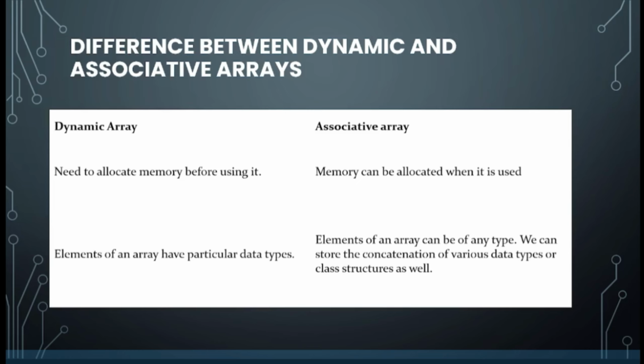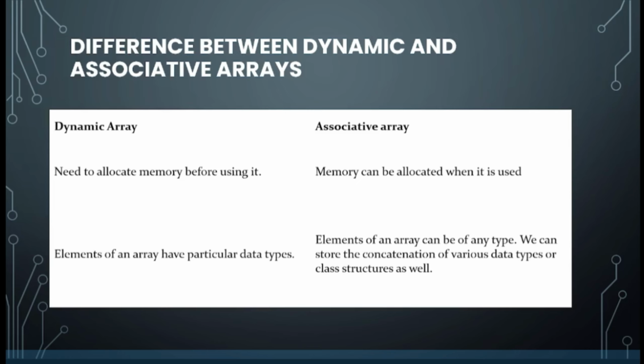When I want to assign some value into my array, then before assigning that value I need to create the memory and then I have to assign it. But in case of associative array, you can do both things at the same time. You can just allocate the memory and you can just throw the value into that particular array. So that is the main difference. In dynamic array you need to allocate the memory before using it, but in associative array you can allocate the memory when you are using it.